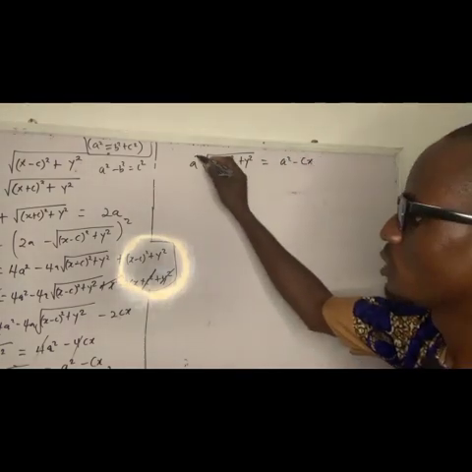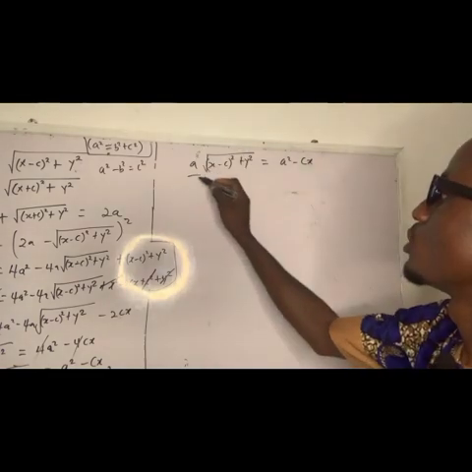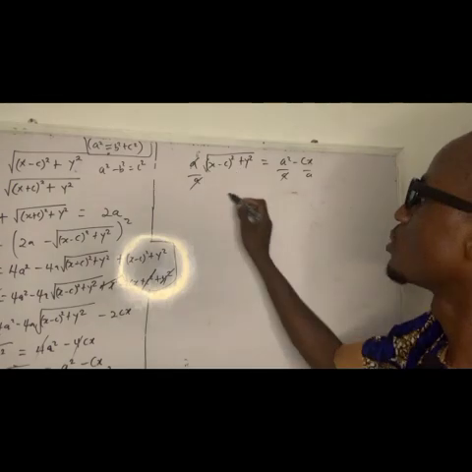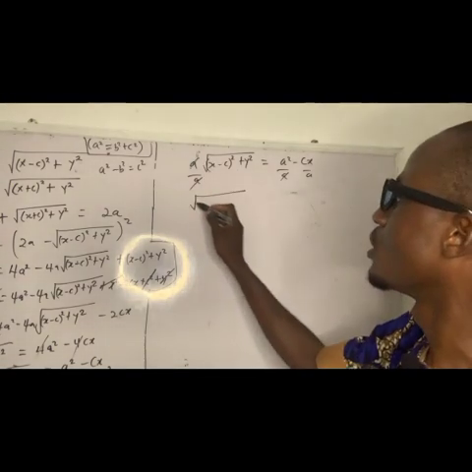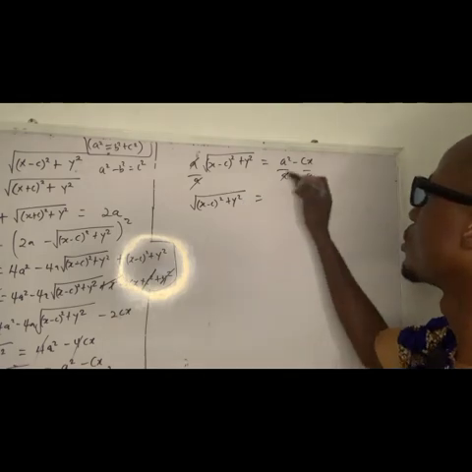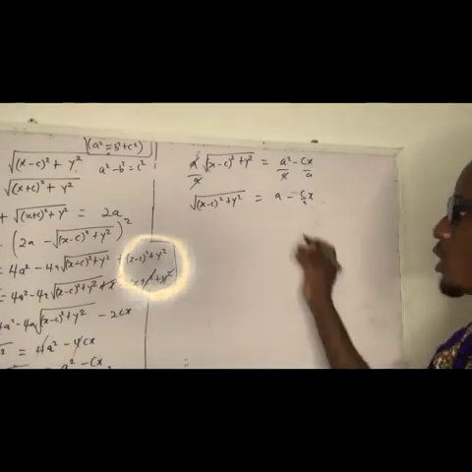So let's divide both sides by a and a, so this goes. Then you have root of (x minus c) squared plus y squared equals a minus (c over a)x. Okay, good. So we can square both sides now.